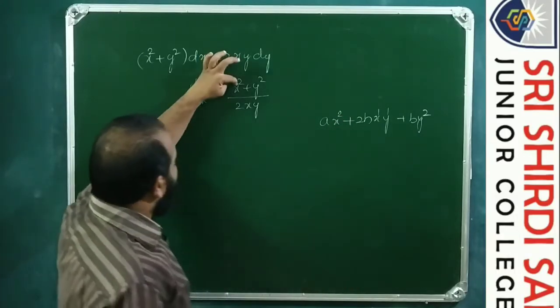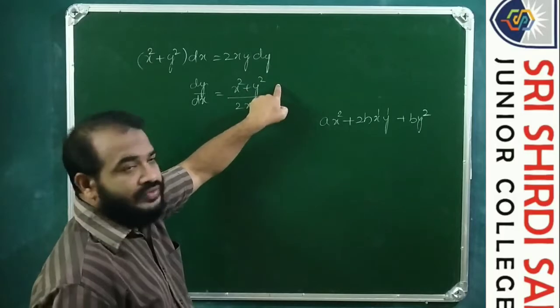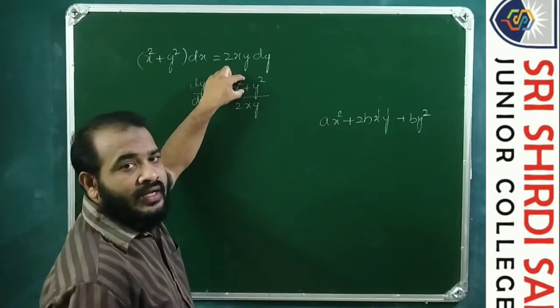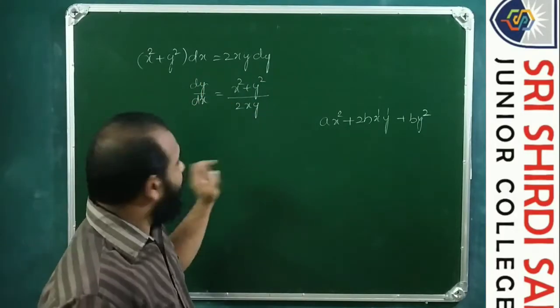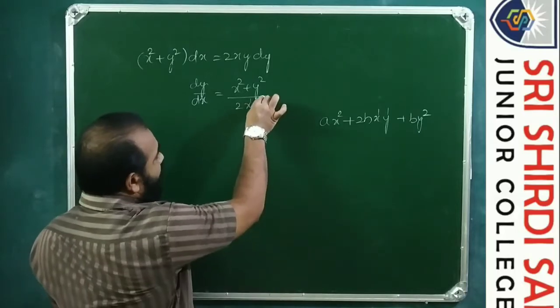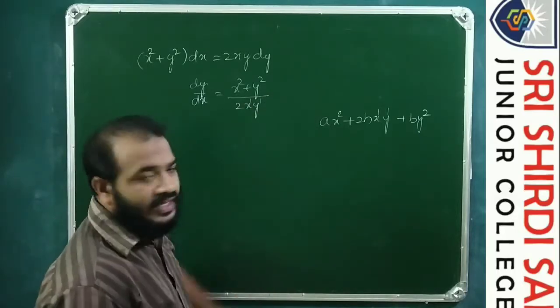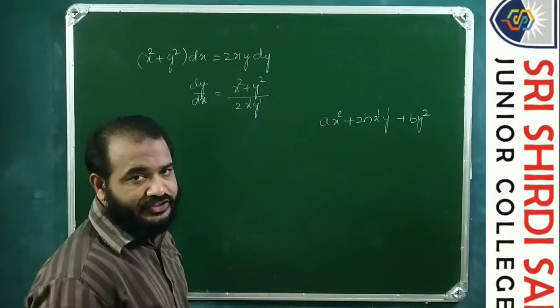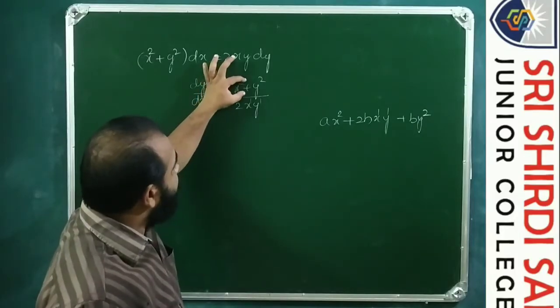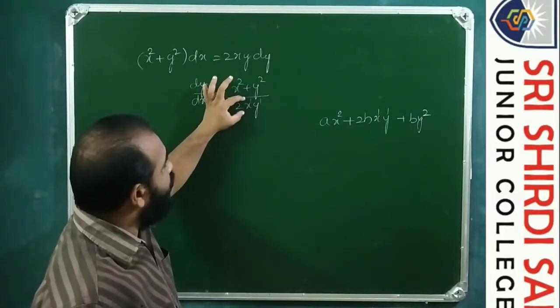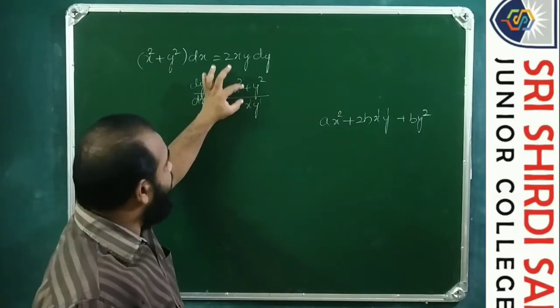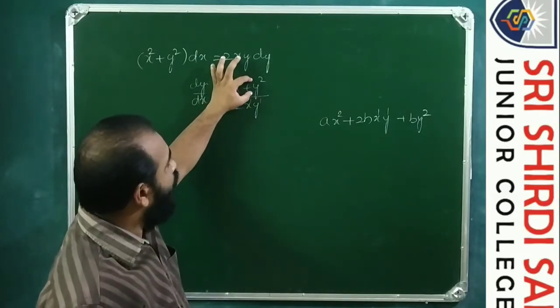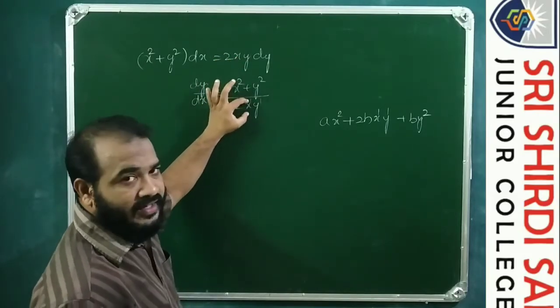So x power 2, y power 2 is a second degree homogeneous expression, and x power 1, y power 1 is also second degree homogeneous. So the degree being 2 both in the numerator as well as the denominator.